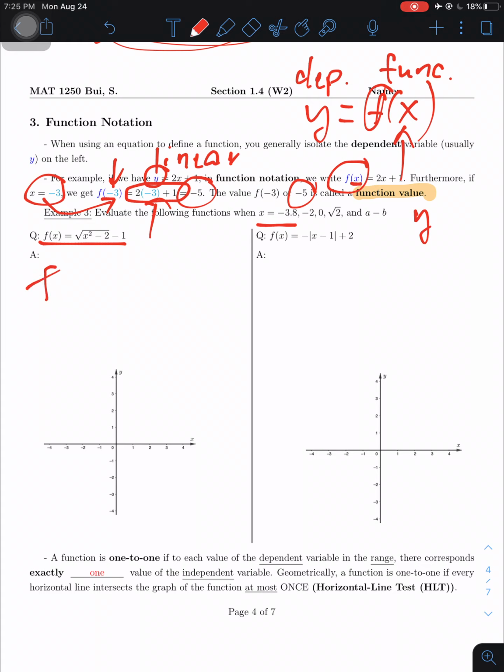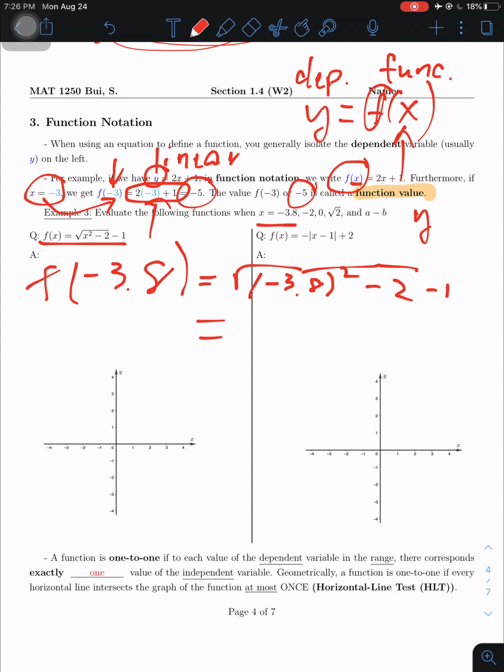Okay, f of -3.8 equals square root of (-3.8) squared minus 2 minus 1. And if you input this into the calculator, let's see what we get out of that. We're going to get approximately 2.53.